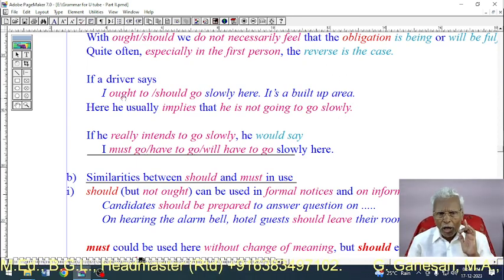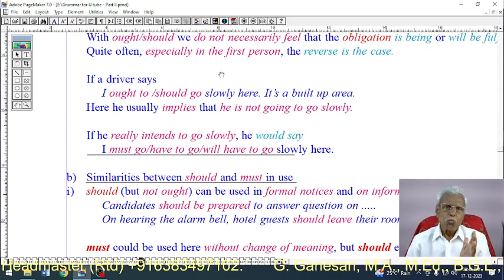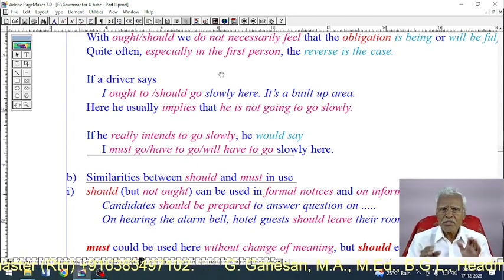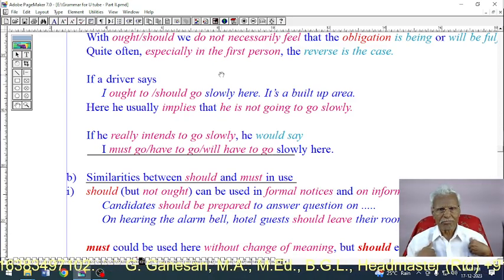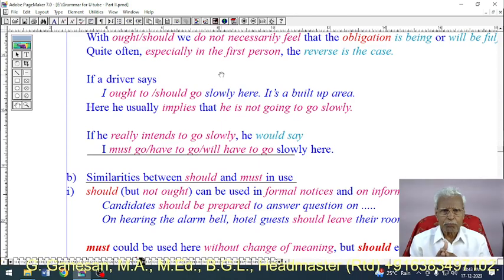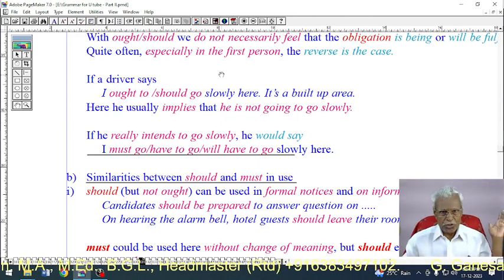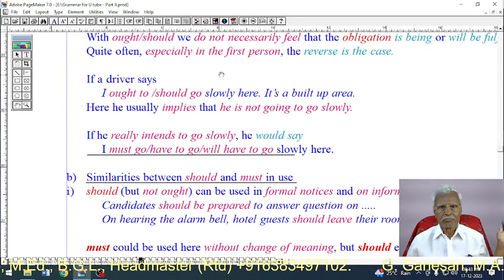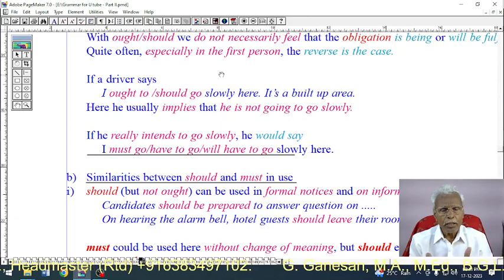What does he mean? It is not the intention of the speaker. It is the condition of the outside. The road is being repaired.